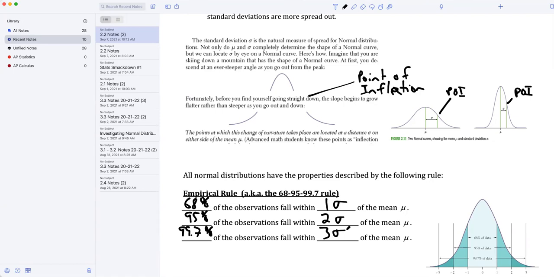This works for distributions that are approximately normal.